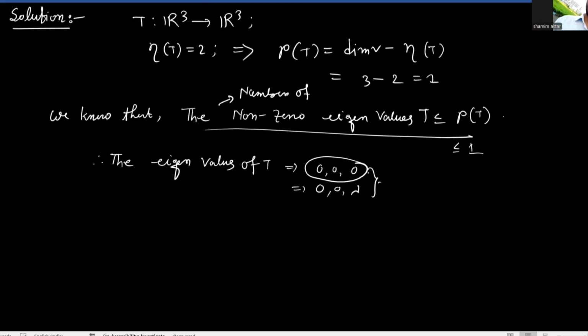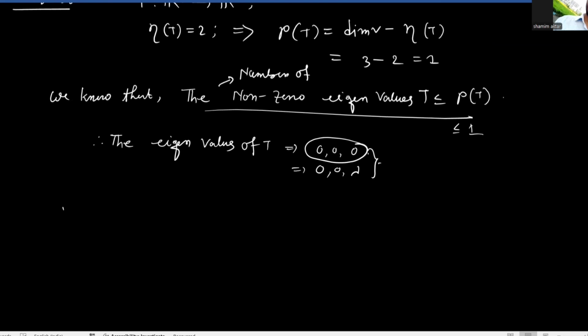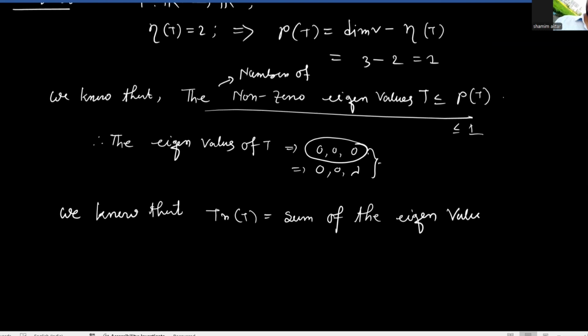and we know that the trace of T is equal to the sum of the eigenvalues. So in the first case, the trace of T is 0 plus 0 plus 0, that is 0, and this is also an eigenvalue.